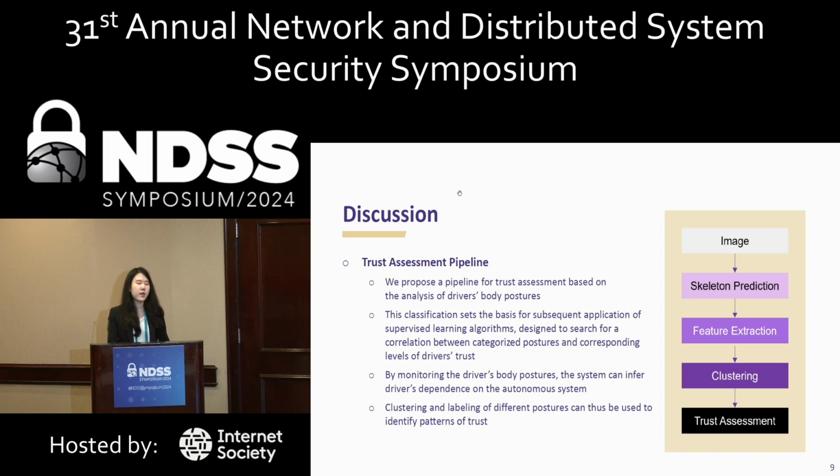In other words, the clustering and labeling of these different postures can be used to identify patterns of trust, meaning that, for example, if the driver tends to have a lower level of trust, they would brake more because they would try to take control of the vehicle more, and thus they would be less dependent on the vehicle.